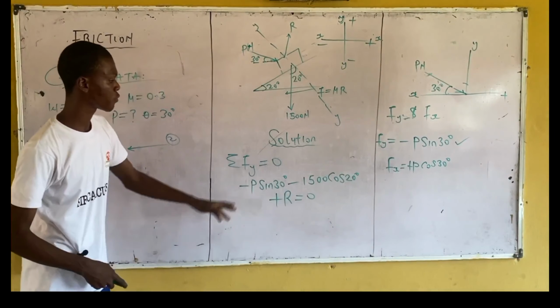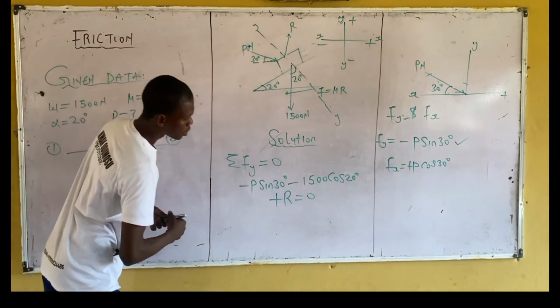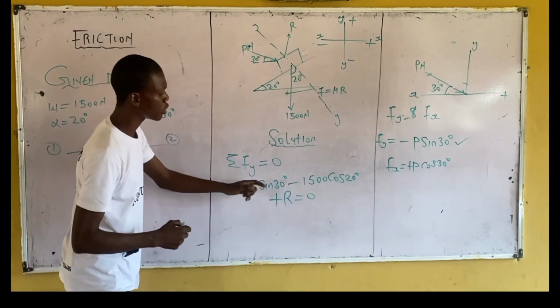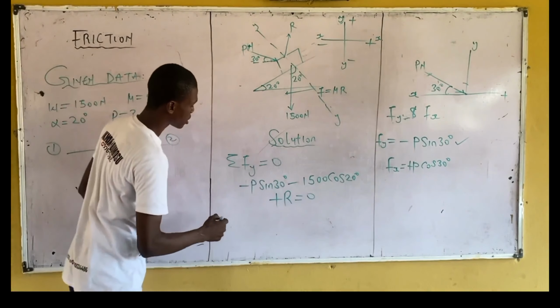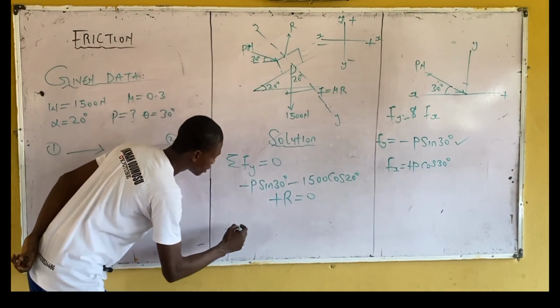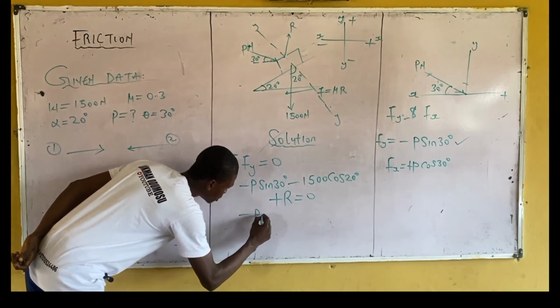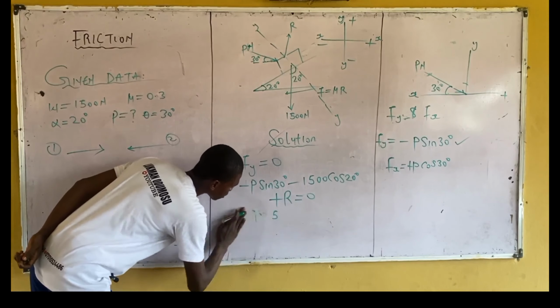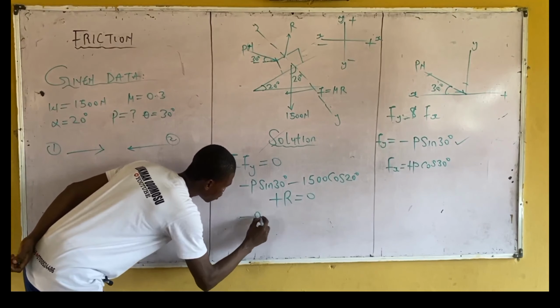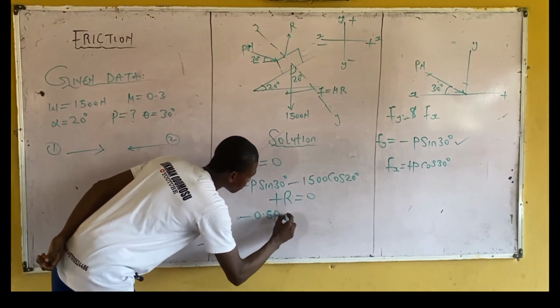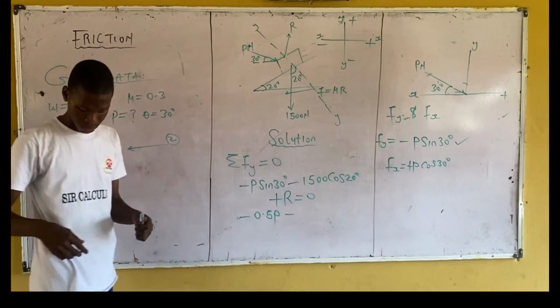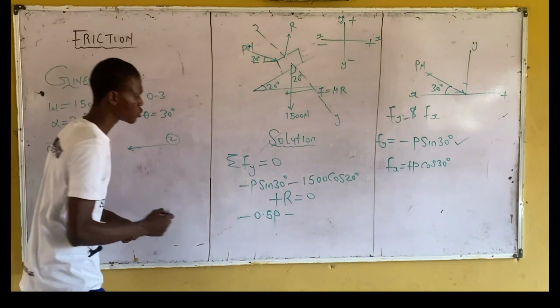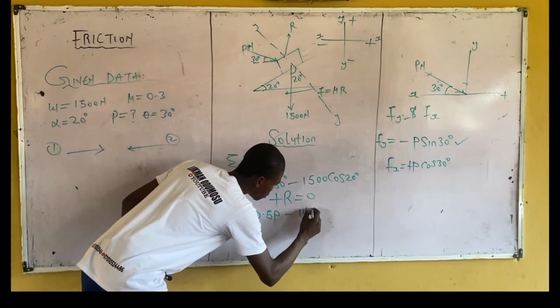Now let's solve our equation. Sin 30 is 0.5. Then we have negative 0.5 P minus 1500 cos 20 degree, which is 1409.54.